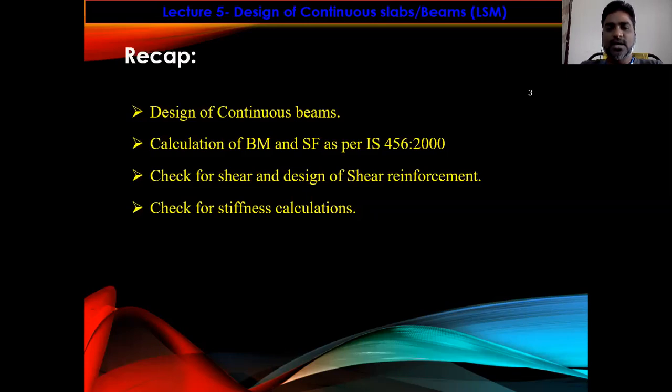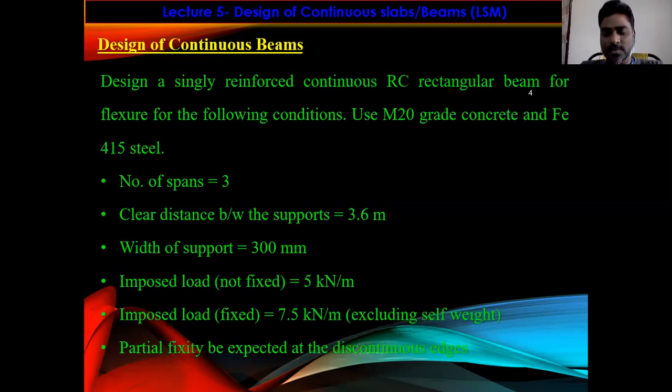We also checked for stiffness. So today we are going to discuss one more type of problem for better understanding, and this is a different type of problem as compared to the earlier one.